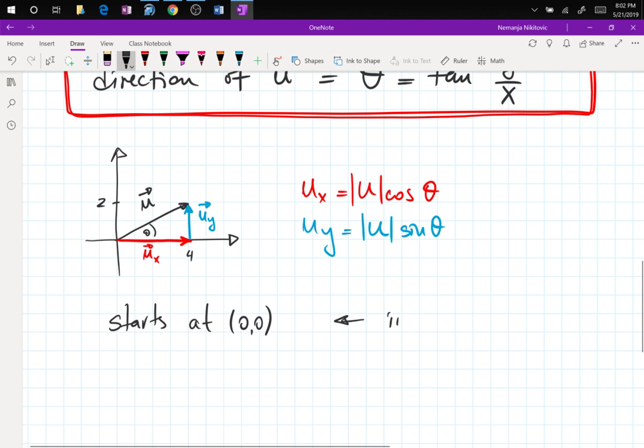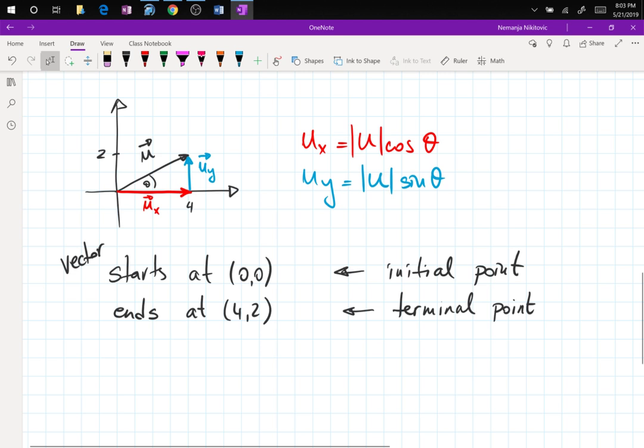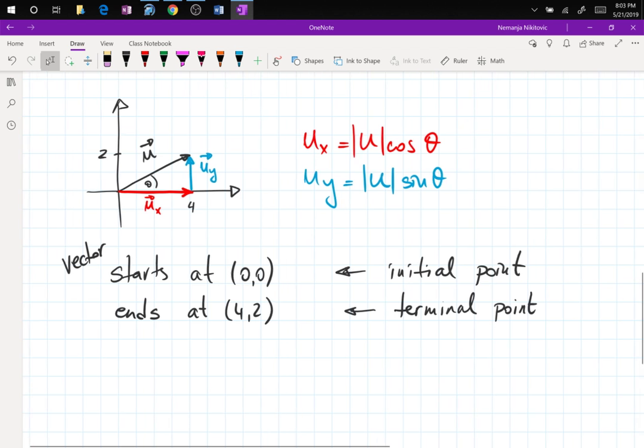We call that the initial point, and ends at 4, 2, which is the terminal point. So the vector will start at 0, 0 and it will end at 4, 2. Now it's important because we'll see later that if you switch the start point and end point, then the arrow goes the other way. It's important.